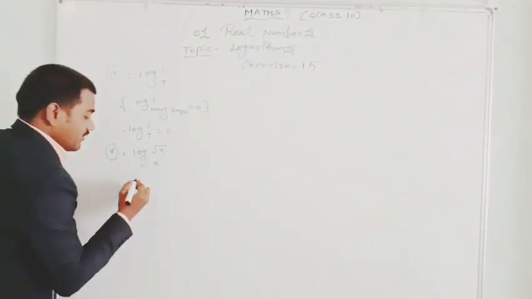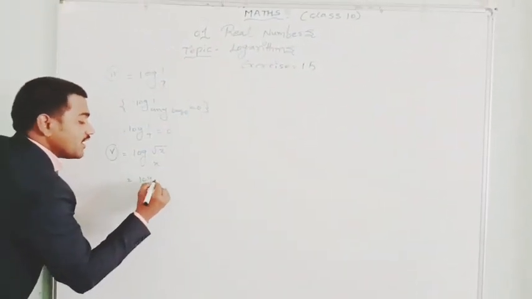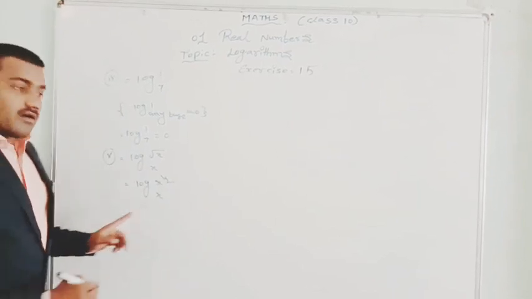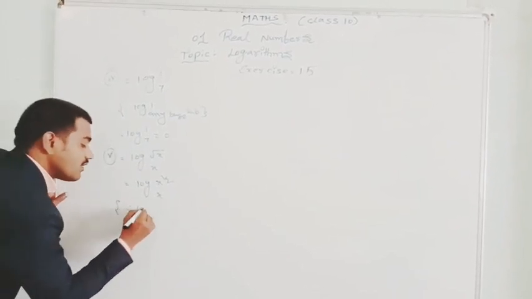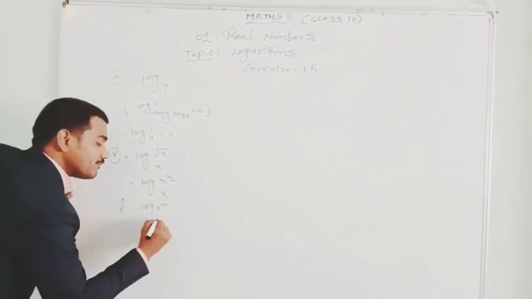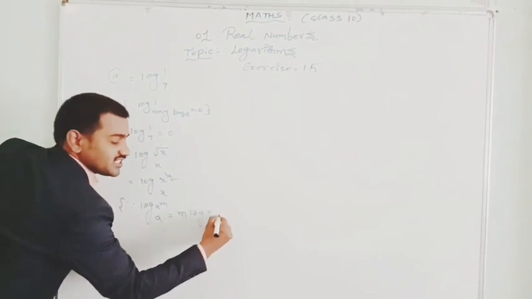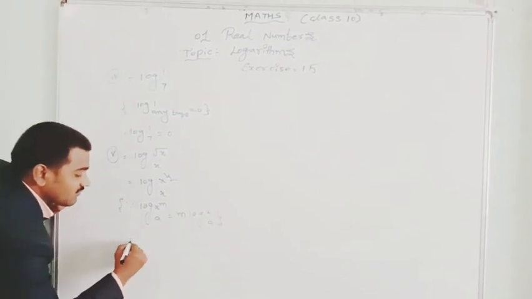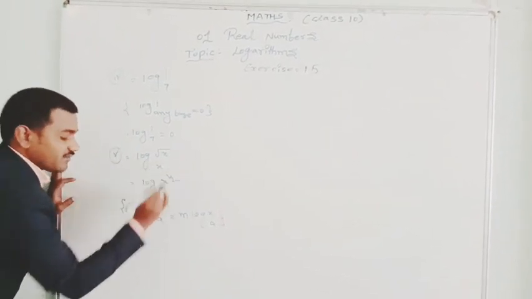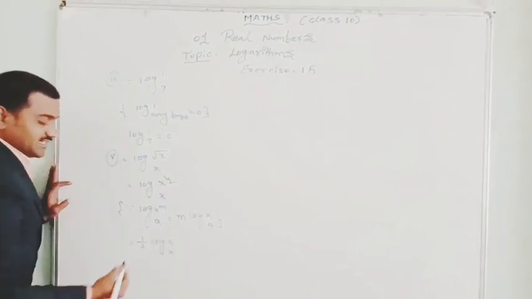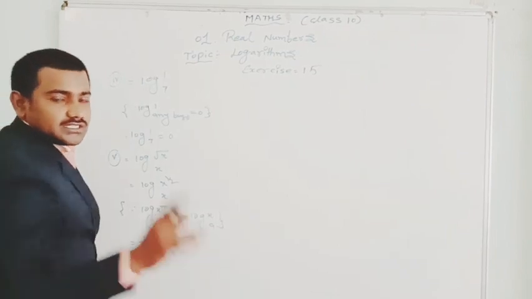In the same way here we can write log x to the power of 1 by 2 base x. Again it is in the form of the formula log x to the power of m base a equal to m log x base a, where m here is 1 by 2. So 1 by 2 log x base x, where the value of log x base x is 1.